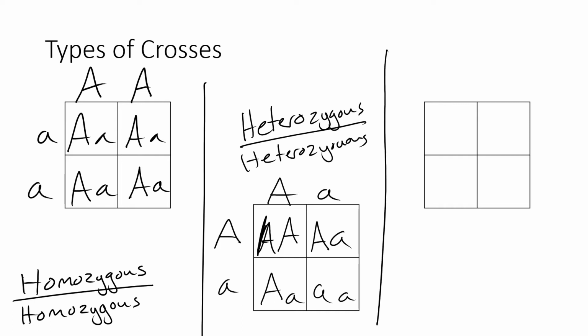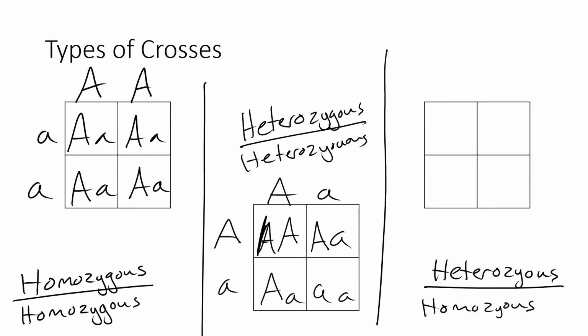Lastly, we could have a heterozygous by homozygous cross, which in this case, I forgot a letter there, but that's okay. In this case, we have one heterozygous parent and one homozygous parent.